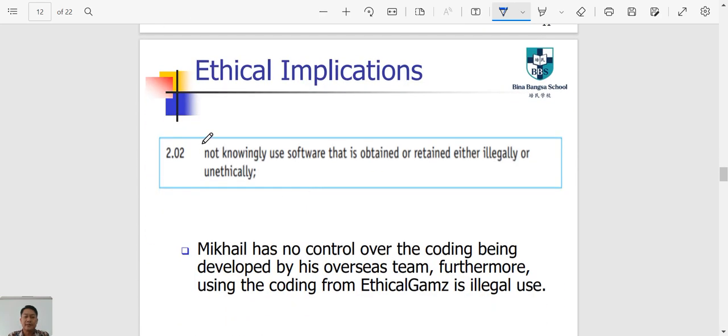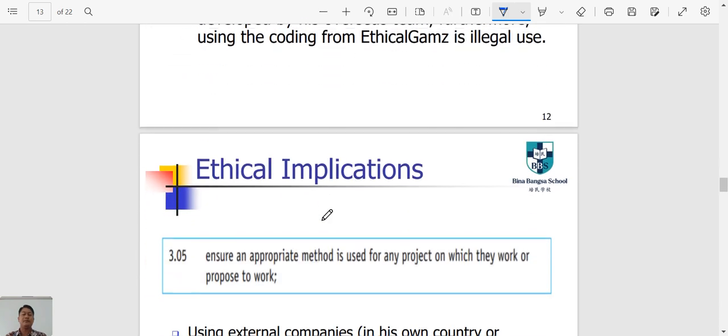The other thing is not knowingly using software that is obtained or retained either illegally or unethically. So probably the programming software that was used came from the main company, or the overseas team is also using another software that is not registered. So it could cause some legal issues to Mikhail or to the person who hired them.